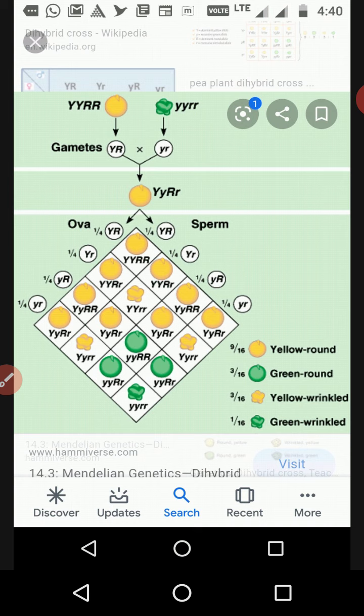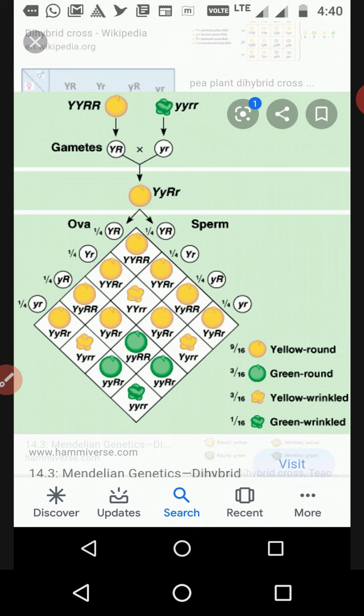Clear? And in this box, from the pollen grain side, the right-hand side, we can take one pair from the pollen grain, and that is capital Y and small r, and here we can take the first combination from the egg cell, and that is capital Y, small r. So here the combination is capital Y, capital Y, capital R, small r.